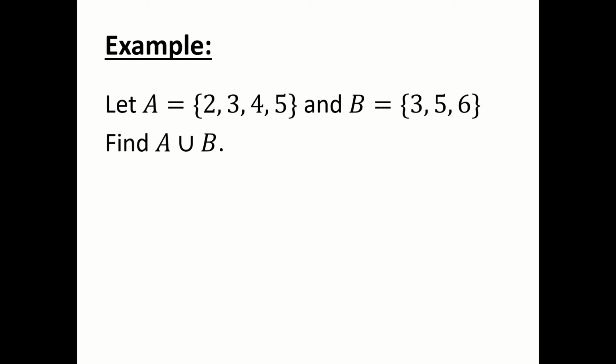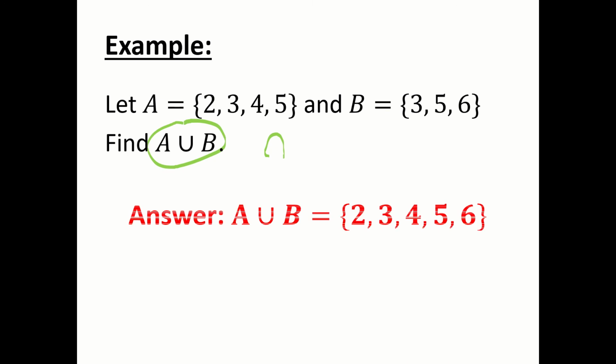So for example, if we have here two sets A and B, we have A containing the elements 2, 3, 4, and 5, and set B containing the elements 3, 5, and 6. So we are now asked not the intersection anymore, because intersection would look like this, but this one now is A union B. So we need to write them together or put them together. So we have 2, 3, 4, and 5 from set A, and then an additional 6.